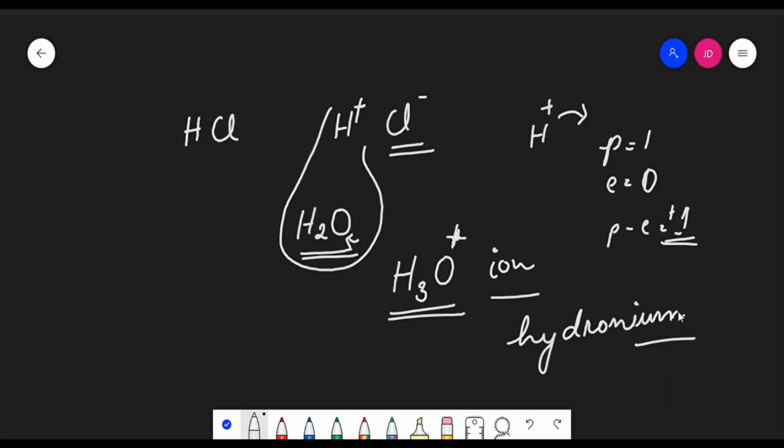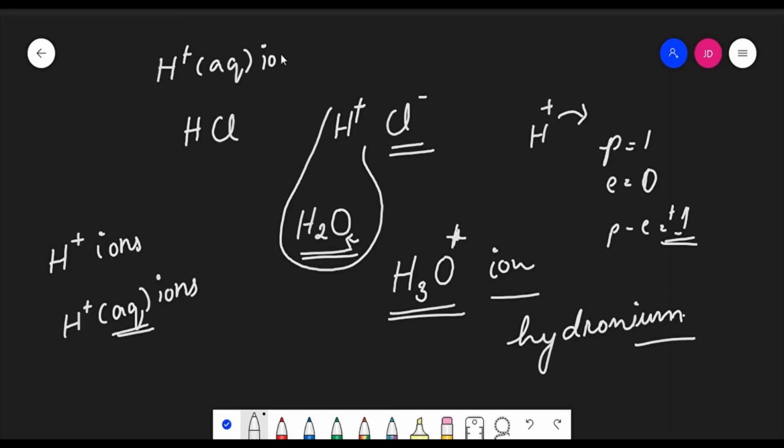This is the reason whenever you're writing H plus ions, you never write H plus alone. Always write H plus in bracket aq. Aqueous means water is present. That means you have to write this in the definition of acid: acids are those which release H plus aq ions in water.